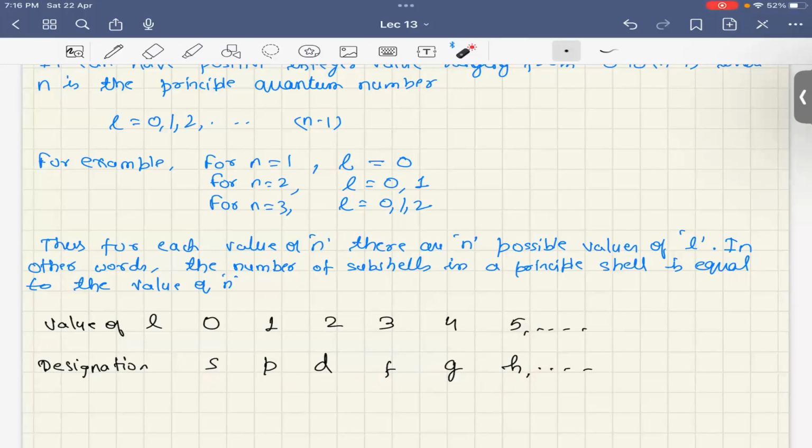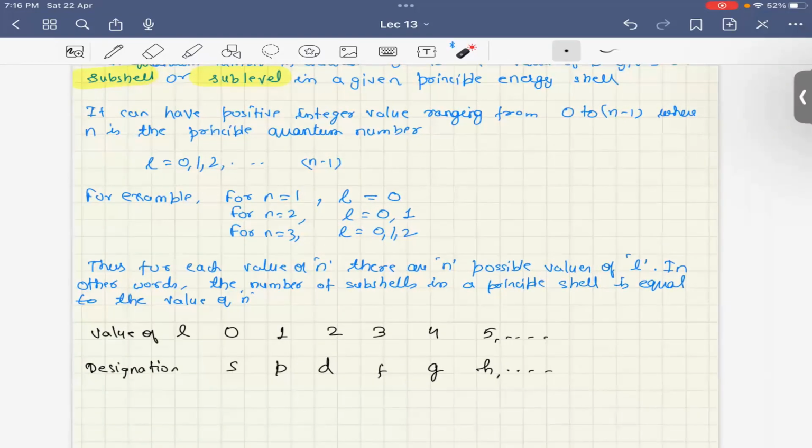The letters s, p, d, and f originate from the terms sharp, principal, diffuse, and fundamental, which were used in atomic emission spectra, right? Let us write this down.